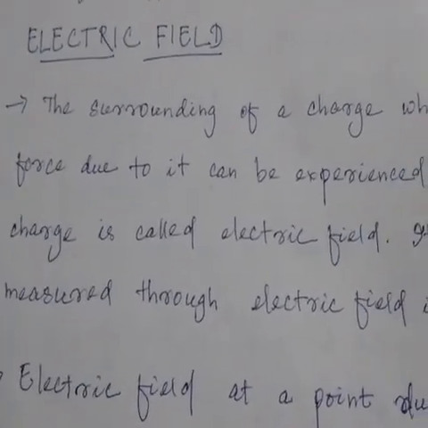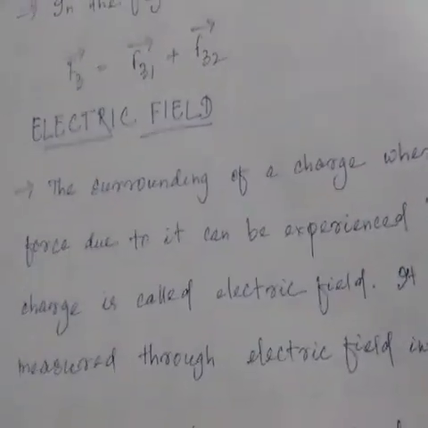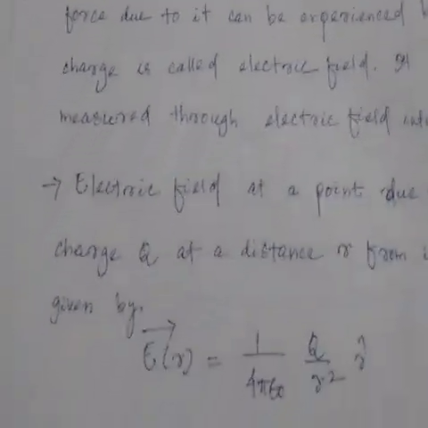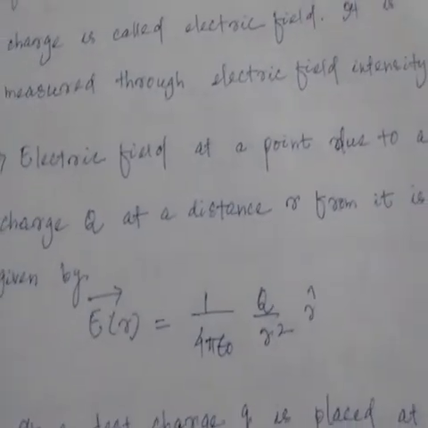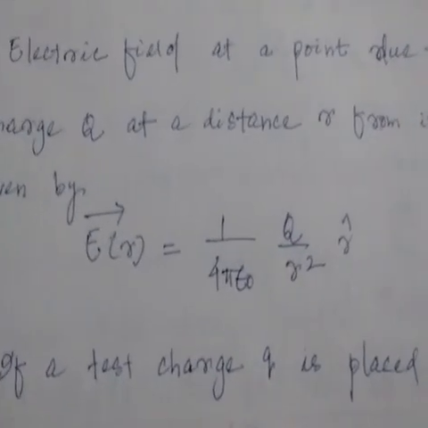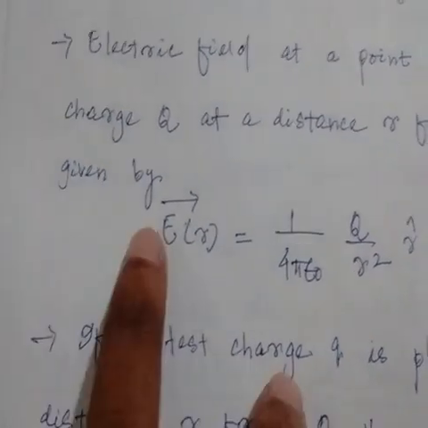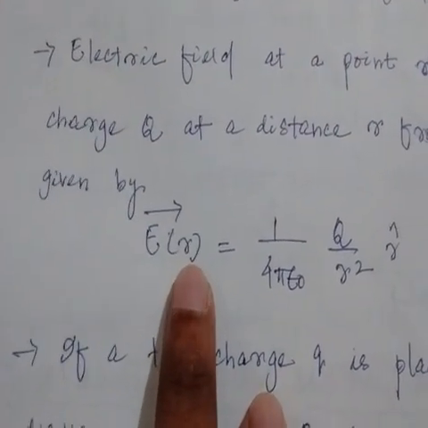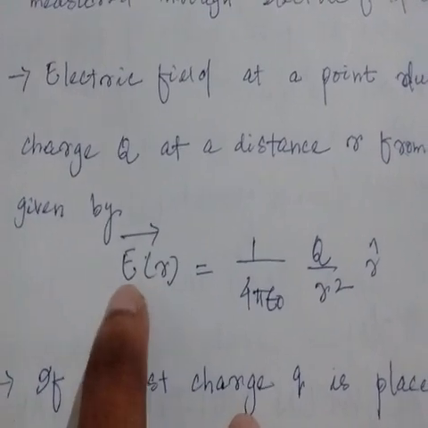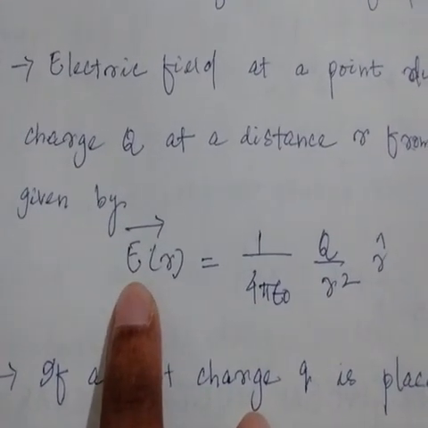But how can we measure this electric field? To measure it, we have to use a formula. Look here, the formula. Here R means the point where we are finding the electric field.